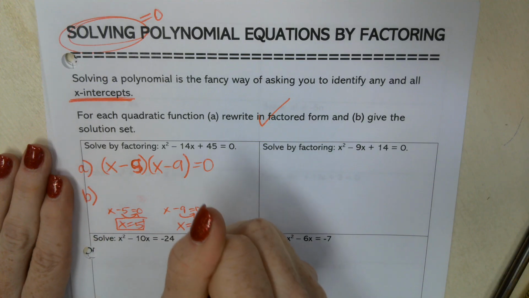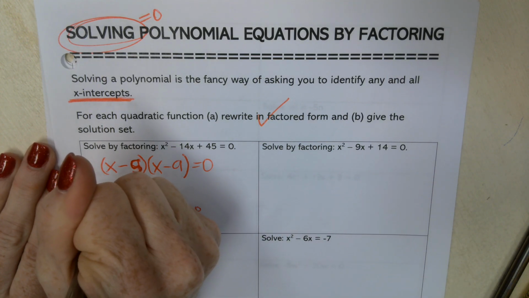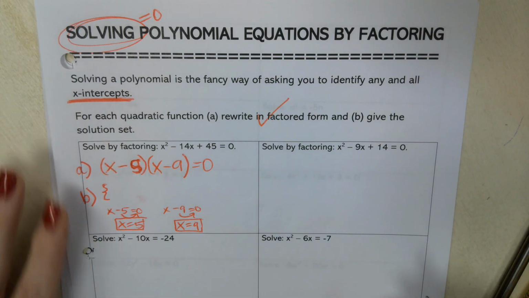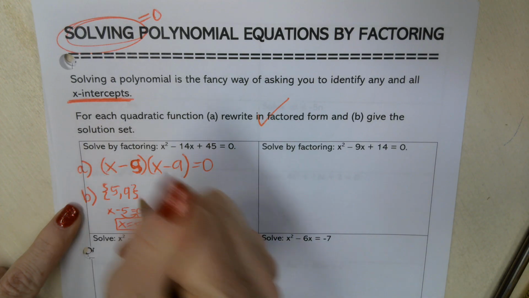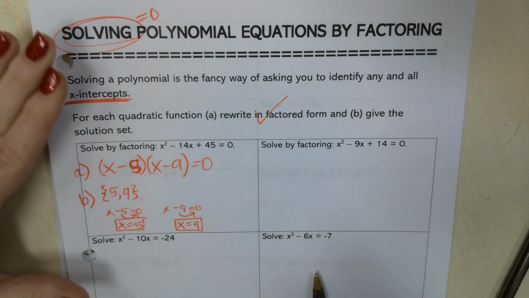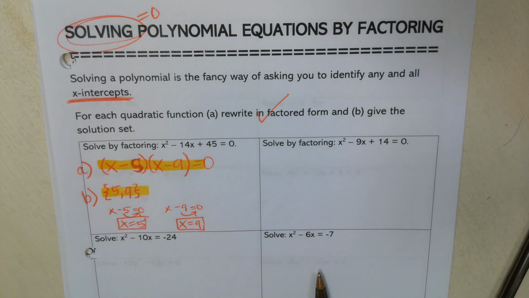So that's where the graph is going to cross. But if I write it as a solution set, I'm writing it in set notation, and I'm listing my factors. So factored form and set notation.